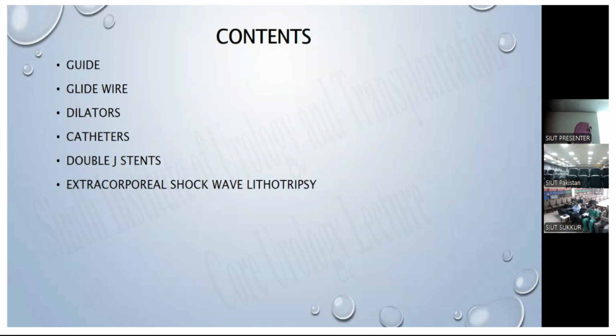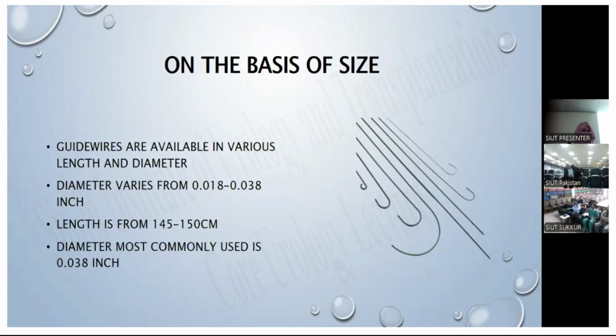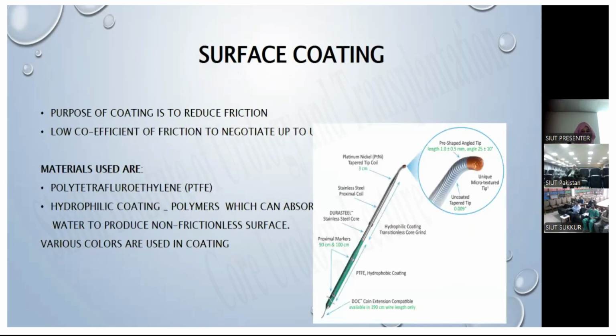So, with the advent of all these guide wires and the hydrophilic coatings, what happened was a frictionless surface became available, and this friction is actually the harbinger of something called a nidus for stone formation, or for any infection to just have a nucleus and then propagate from then on.